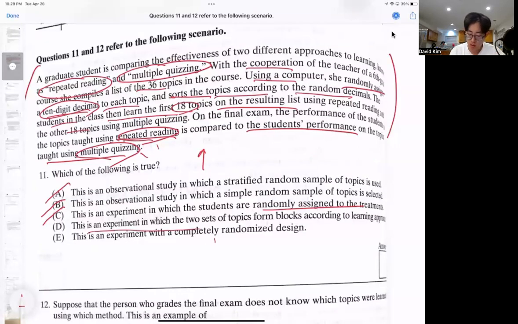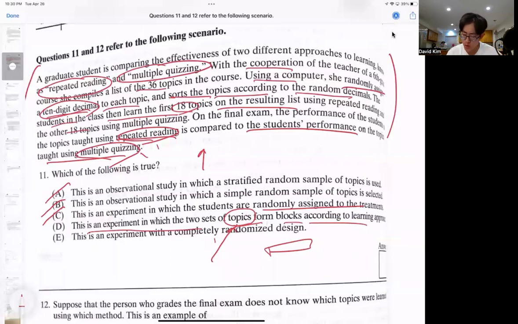I said that this is an experiment in which two sets of topics form blocks according to learning approach. Maybe this was the issue. I don't know what made me say D, but if you take a look at this D answer choice, two sets of topics form blocks. A block is one grouping in which a specific result will come from.